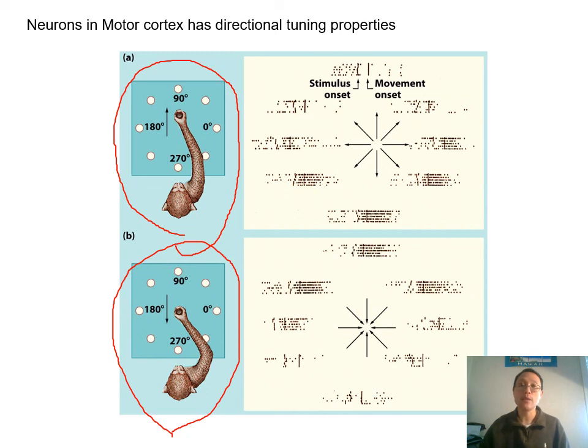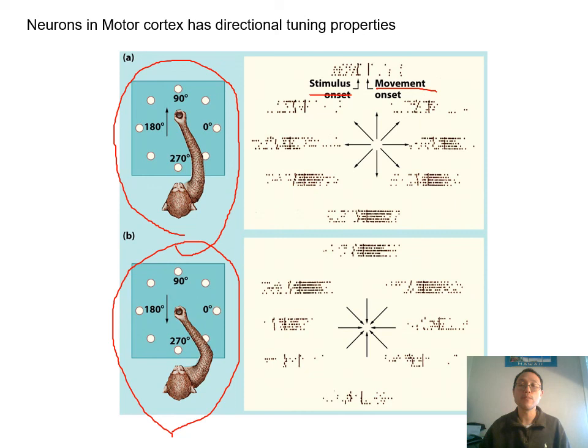Each dot you're seeing on the right is an action potential, and they have the stimulus onset and then the movement onset. The stimulus is basically when they tell the monkey to start moving its arm in one direction or the other. How does this particular cell respond?